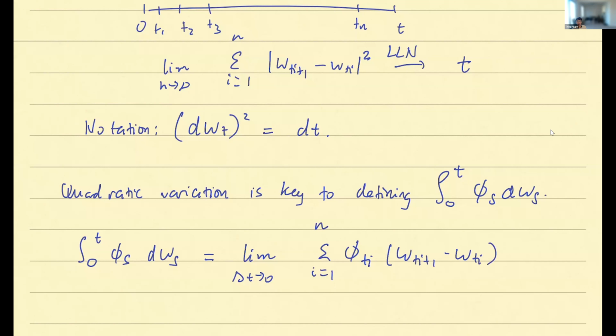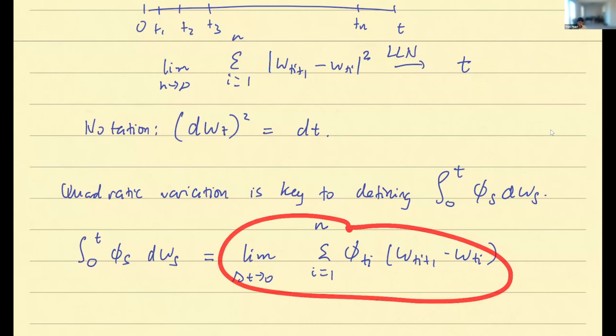But because Brownian motion is nowhere differentiable, the variation here is very, very bad. So this limit here is convergent in what sense?